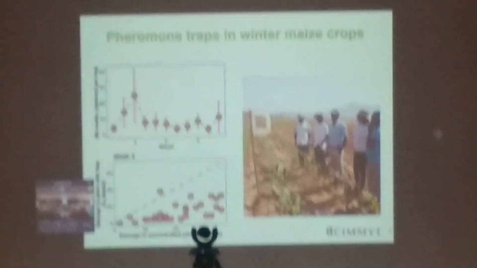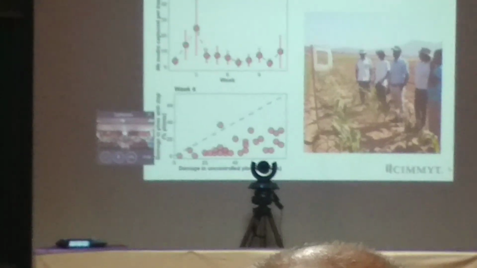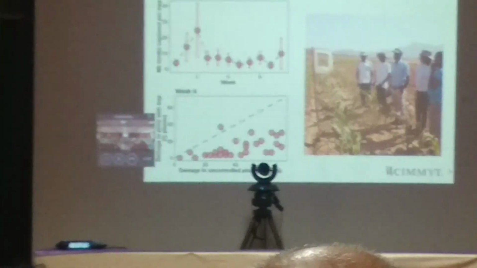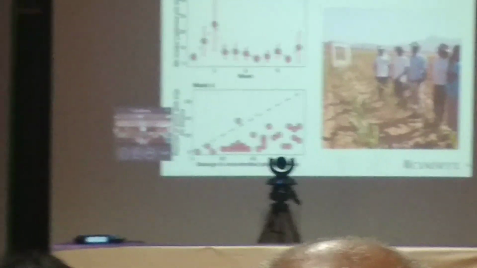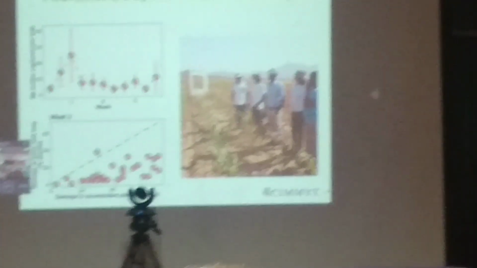In the different traps, we captured thousands of fall armyworm in this time, and we also controlled the damage in controlled and uncontrolled fields. And you can see very obviously that trapping with a pheromone trap can be an effective way of reducing the fall armyworm damage.